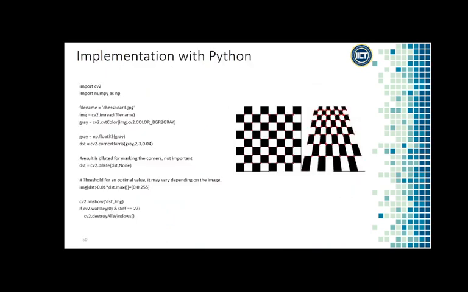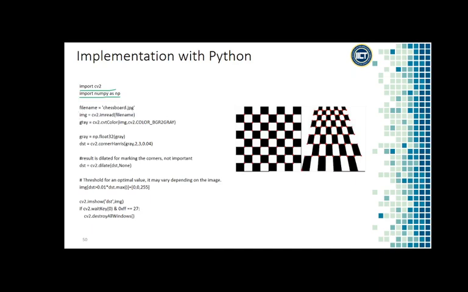Now let's see one of the examples in Python, of how you can detect corners in Python. If you have the OpenCV package installed in Python, as discussed in our earlier lectures, what you have to do is import the OpenCV package and numpy, and read the image first.